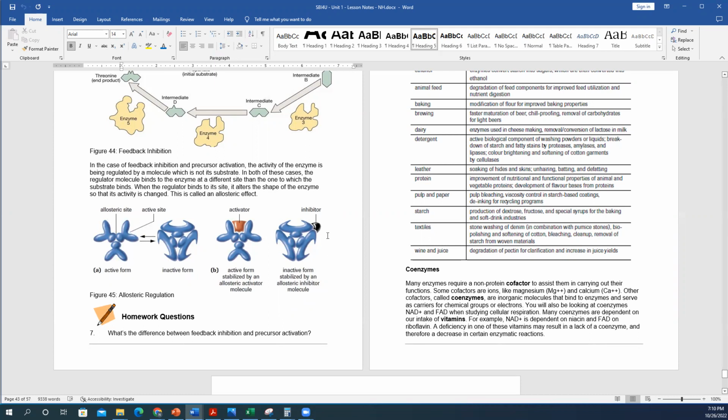Or you could have an inhibitor that binds to the inactive form and stabilizes it. By stabilizing the inactive form, it doesn't allow the active site to be available for binding substrate and carrying out that catalytic reaction.